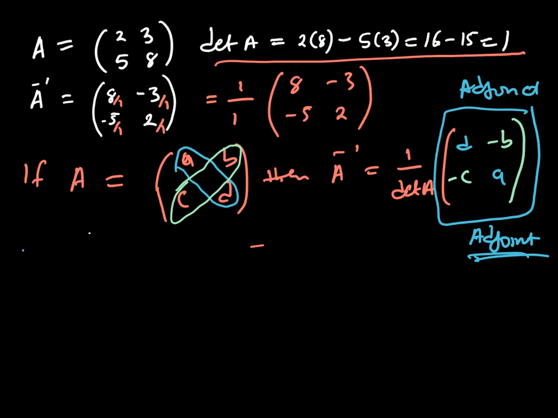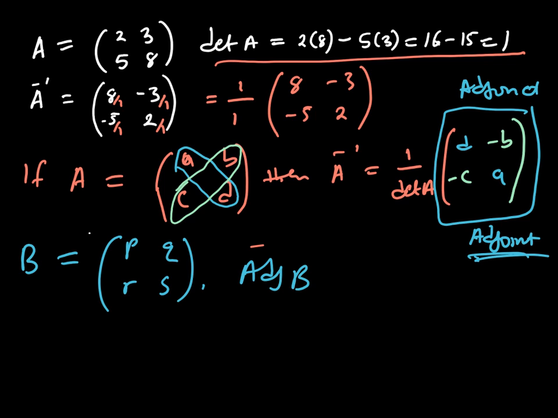That means that if I have a matrix B, which is equal to p, q, r, s, then the adjoint of B, okay, so this notation is also allowed, will be equal to p, these two elements here will switch positions, I will have s and the p coming down.